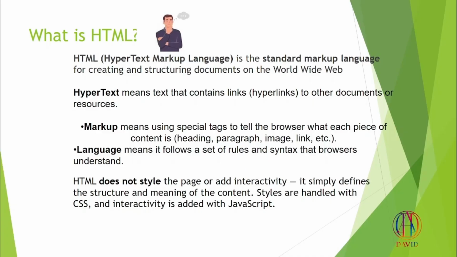So HTML in short does not style the page or add interactivity. It simply defines the structure and meaning of the content. Styling is handled by the CSS, that is the cascading style sheet, and interactivity is added by JavaScript.